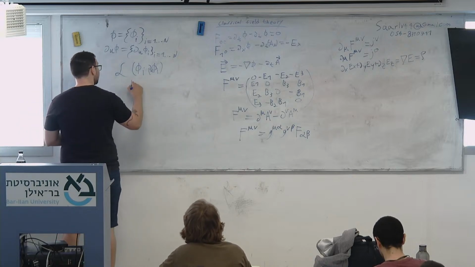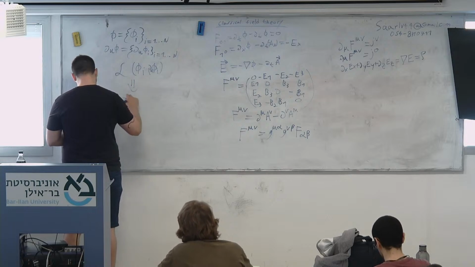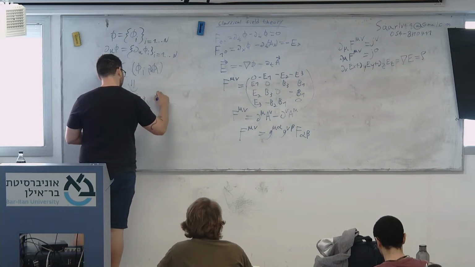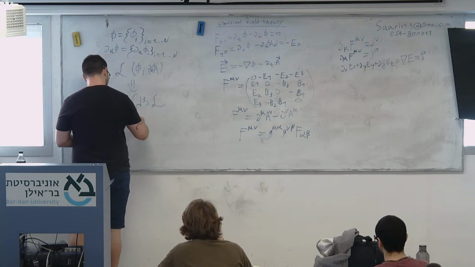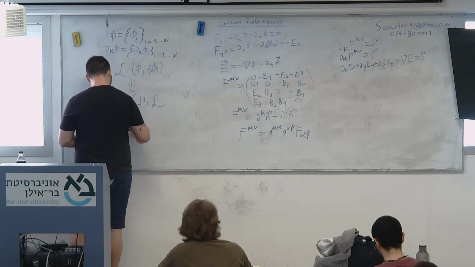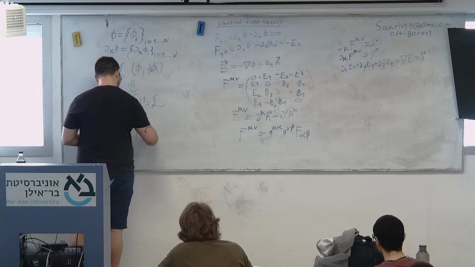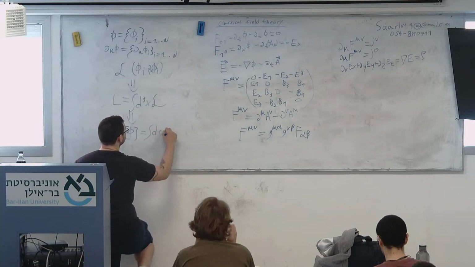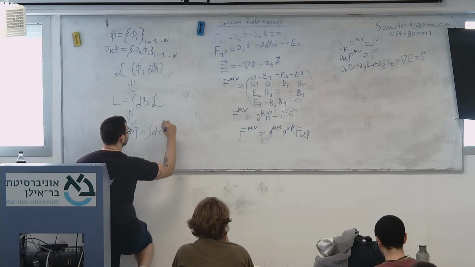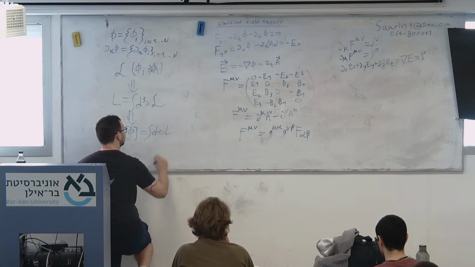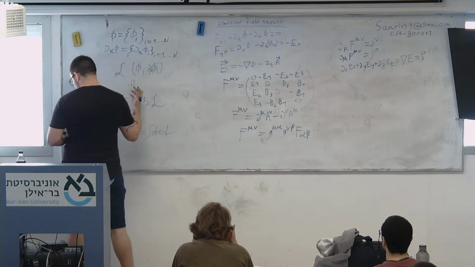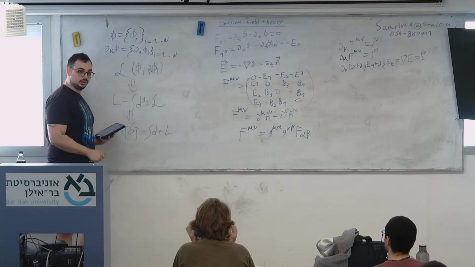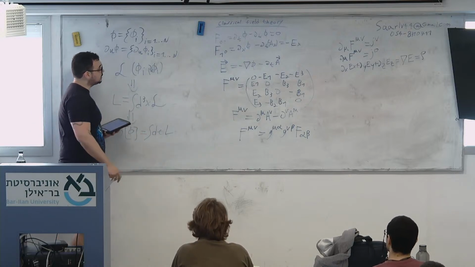And then from here you can get the Lagrangian if you want, and from the Lagrangian you can go into the action. And furthermore, in field theory we have an integral over our full space-time dimension.